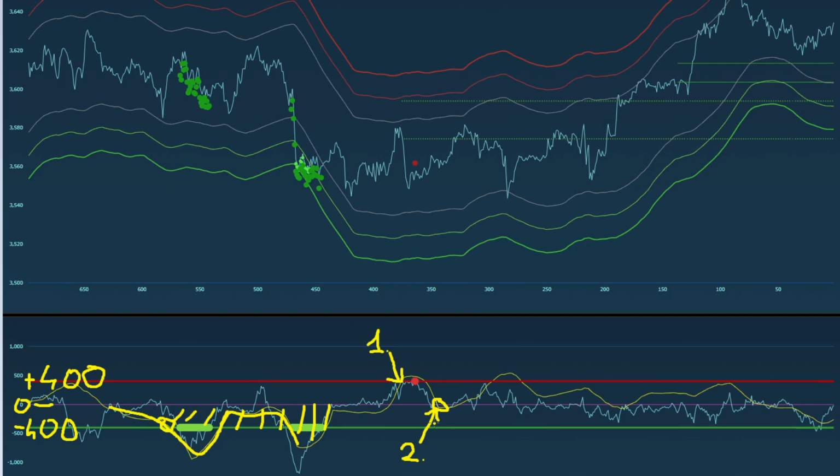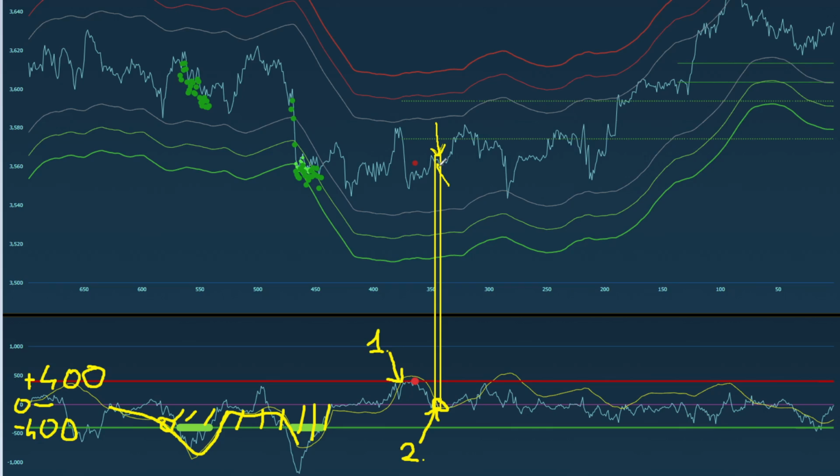And how I trade it is, let's see, where is it exactly? Right, it's somewhere here. This is that point in price, right here, somewhere over here. Let me put it.